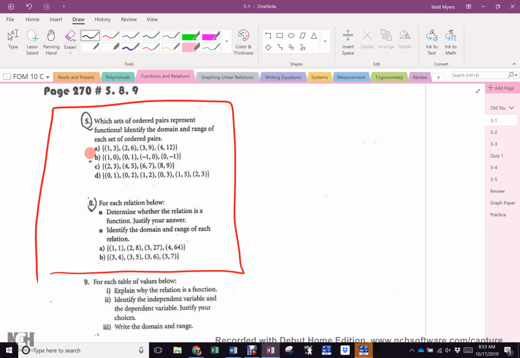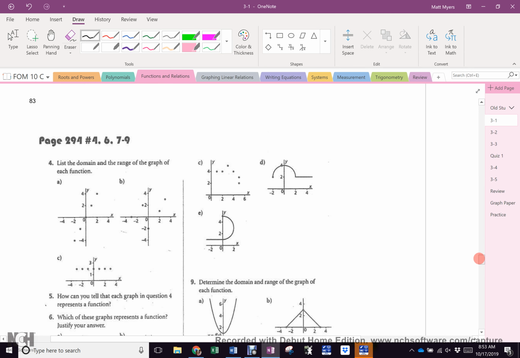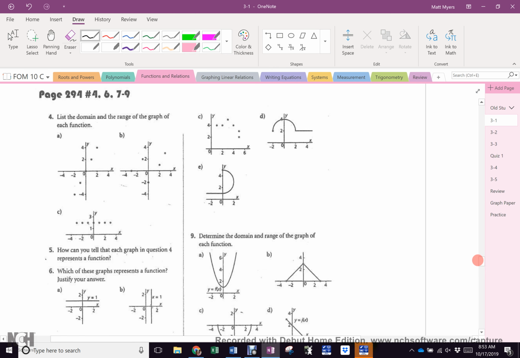Or does anybody need to discuss any of them for 5 and 8? No? We're all good? Okay. Start working on 83. Now, you're smart kids, right? 4, A, B, and C are all kind of the same, aren't they? Because they're all dots. You can probably figure it out from doing 1, maybe 2 of them, yeah? All right, go.